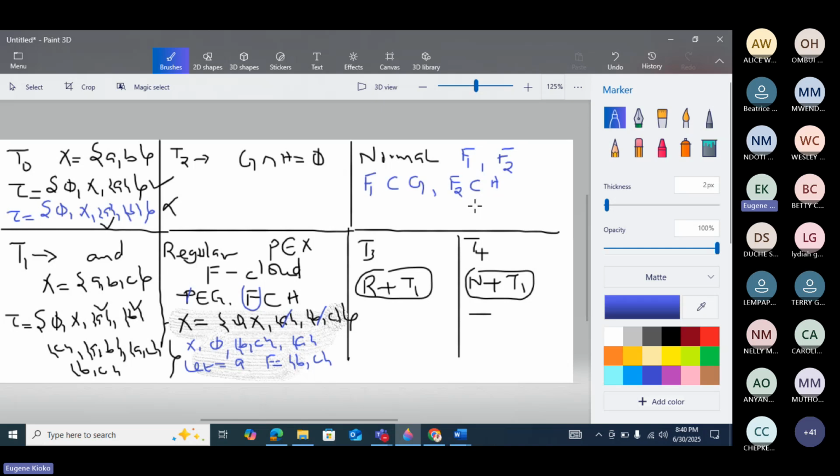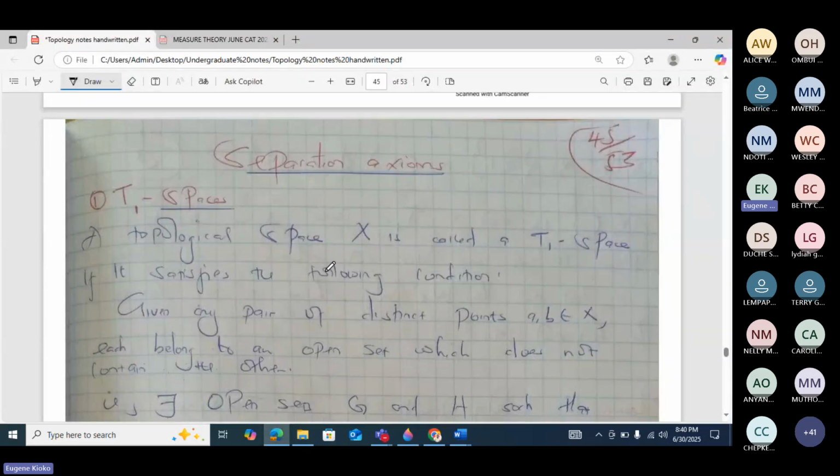So in short, what you do, you simply define them: T0, T1, T2, regular, normal. T3 means regular and T1. T4 means normal and T1. So basically this one, just as usual, go ahead, try to comprehend, try to read it on your own.